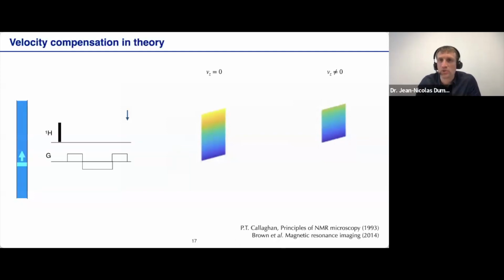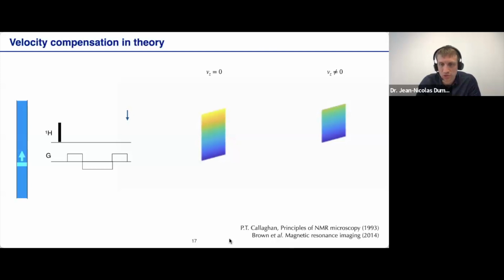So one can adapt the gradient waveform such that the effects of velocity are compensated. This can actually be generalized to acceleration if necessary with a more complicated waveform, but at least the case of velocity compensation is reasonably straightforward.